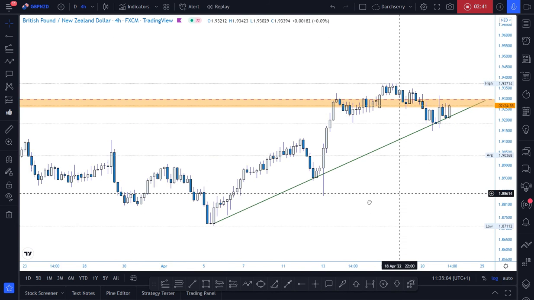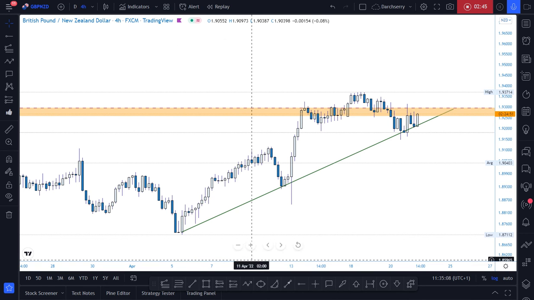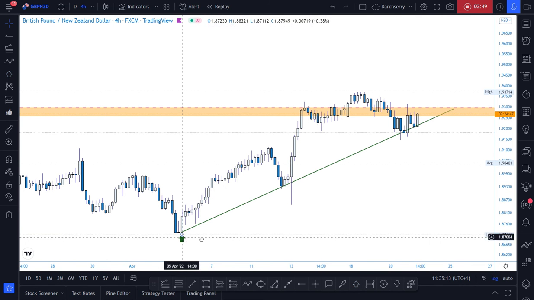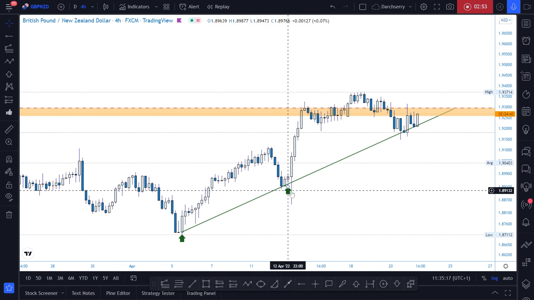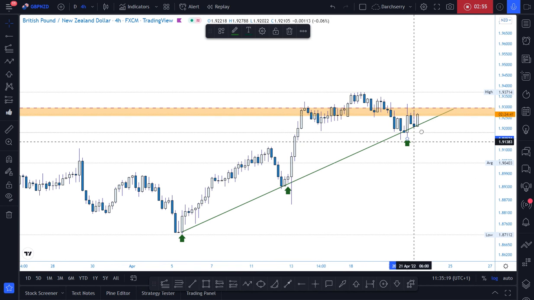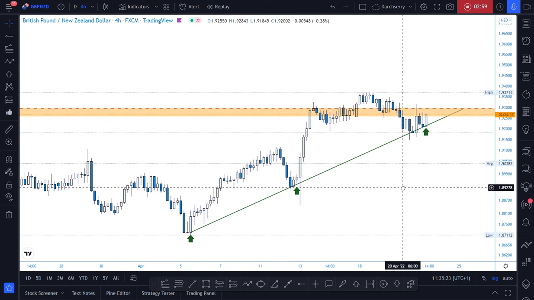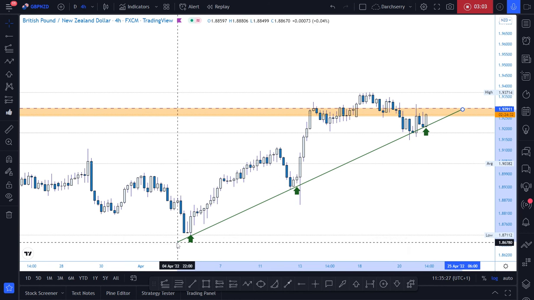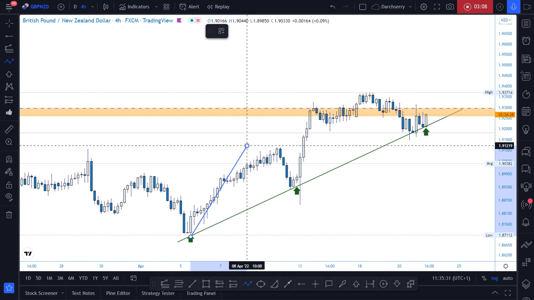On the 4 hours time frame, since the beginning of the month, we've been finding pivot lows on higher lows, and this has been uniform since the beginning of the month.